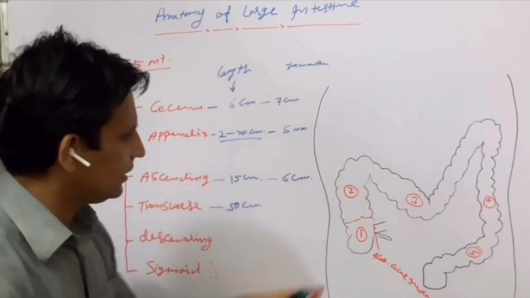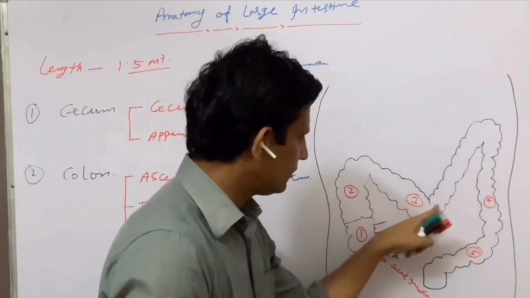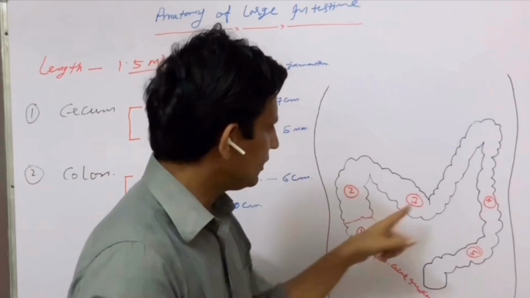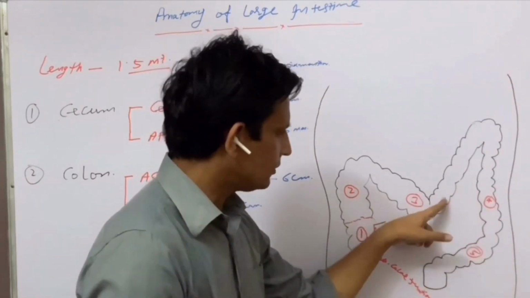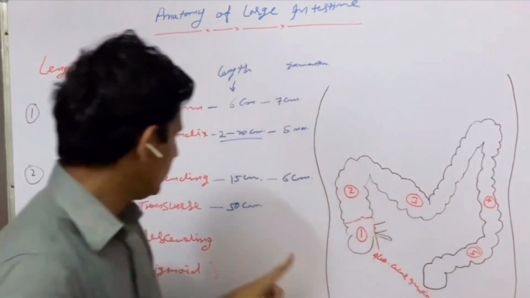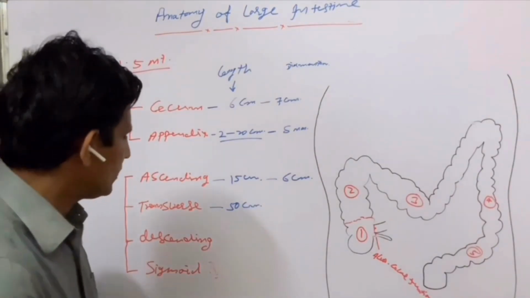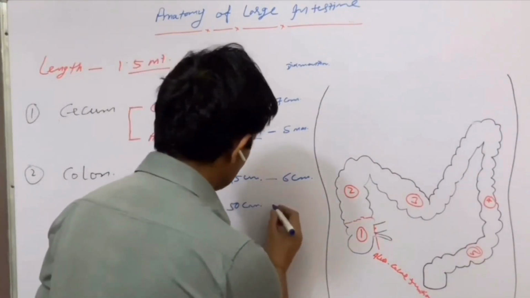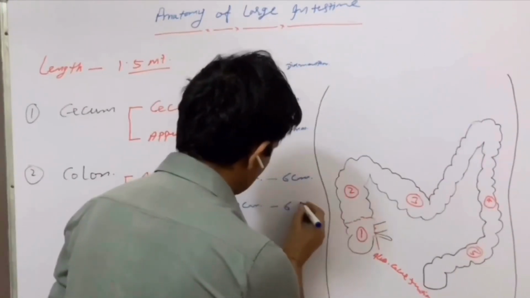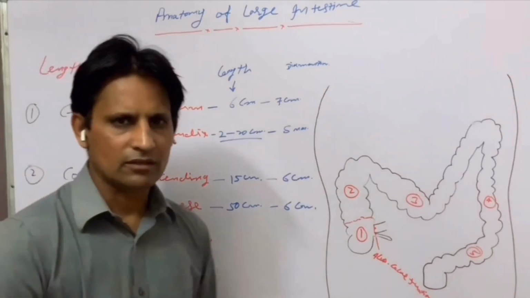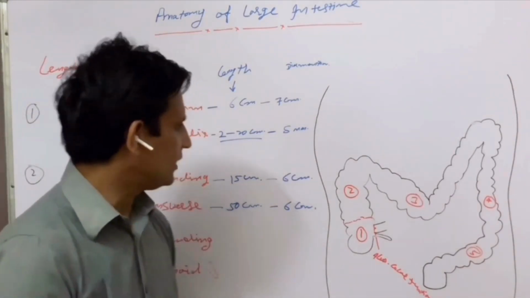As you can see, that whole loop, the length is surely more than all these parts. And what about the dimension? Its dimension remains almost the same as the ascending colon, and that is around 6 centimeters. Right.